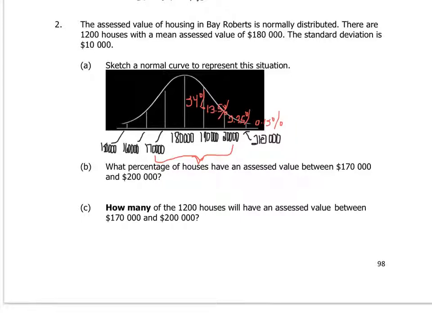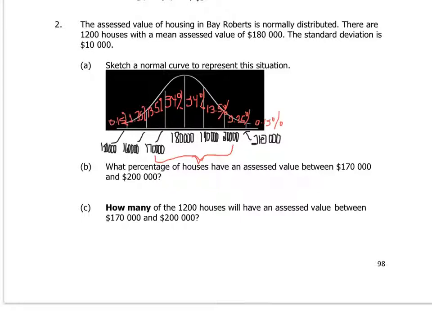And the other side would be 34 first, and then 13.5, and then 2.35, and then 0.15.